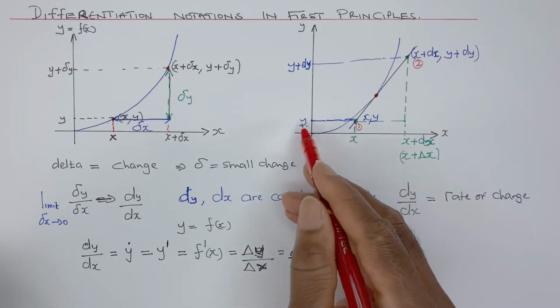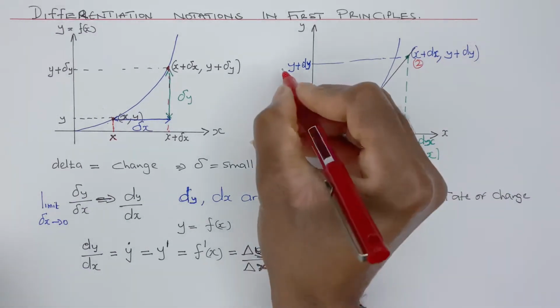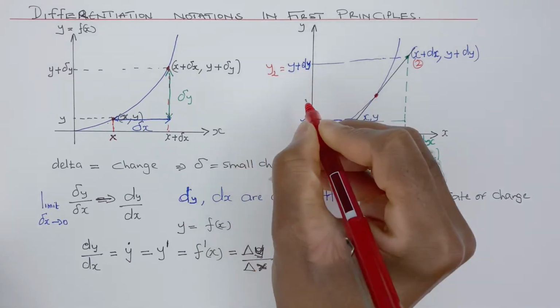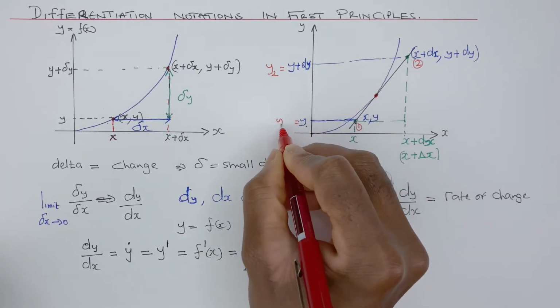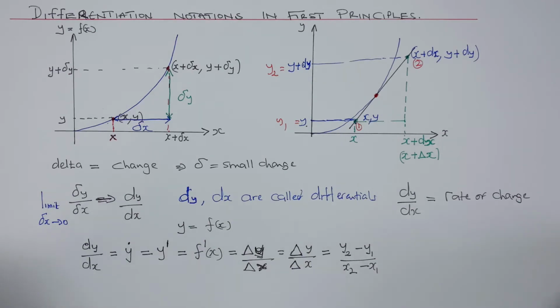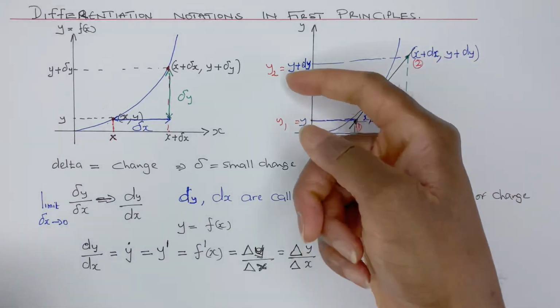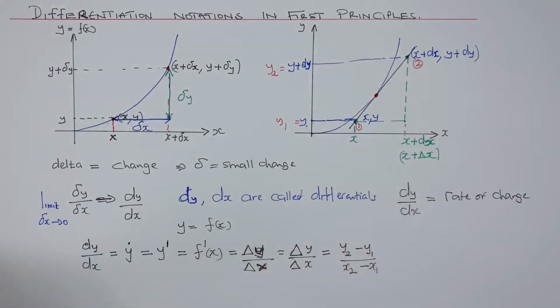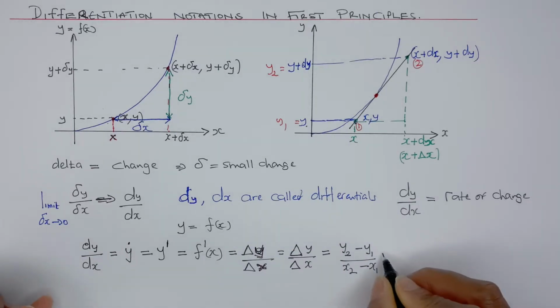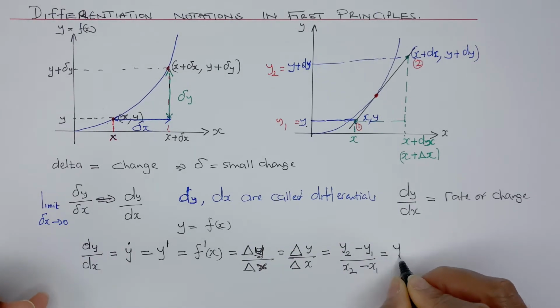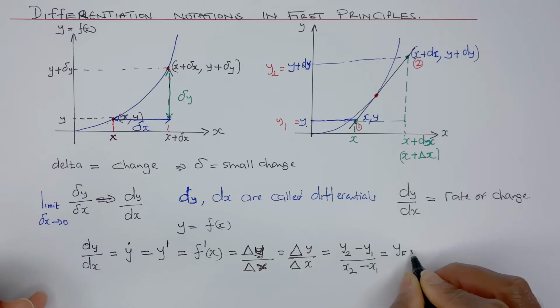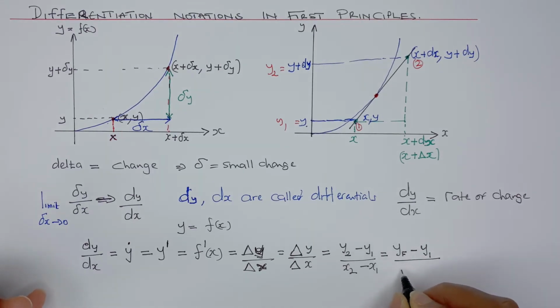It could be y2 minus y1, or the other way around, the same thing, because you're taking the difference. Hence the word difference. Difference means take away. And you might see y final minus y initial over x final minus x initial.